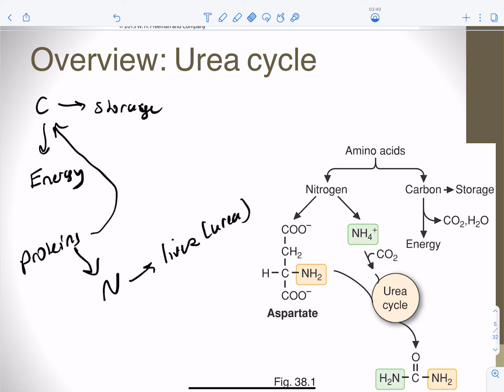So in cases when you have acidosis, this is when more glutamine is diverted from the liver to the kidney.